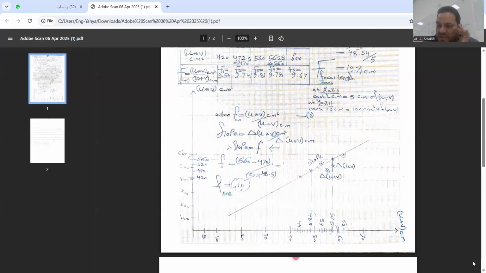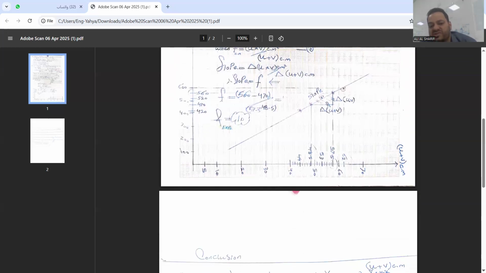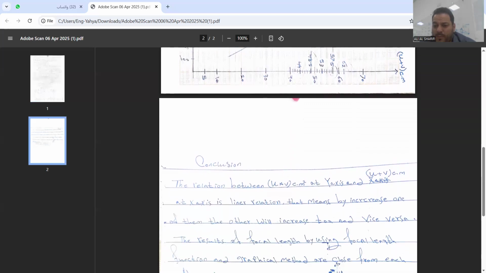Now we have enough experiment to select which one will be the better, to reach the best result. By that, the experimental results are close to the theoretical result. By that, our work is done. We reached our goal. We did it. Now, at the last step, let's talk about the conclusion.